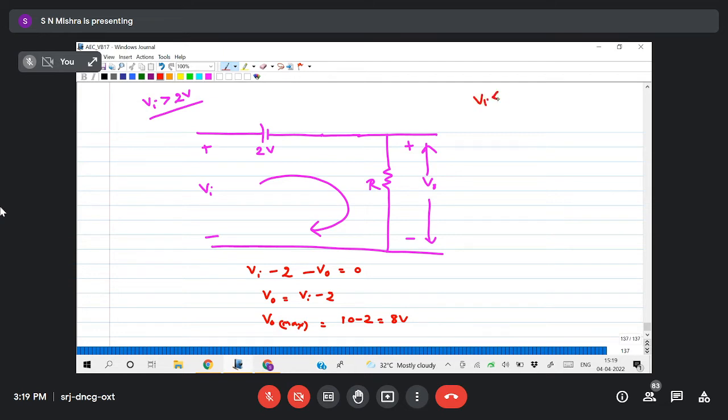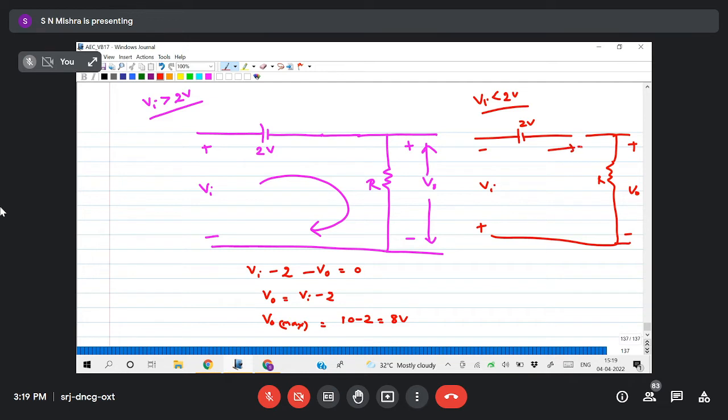When Vi is less than 2 volt, the voltage remains the same, 2 volt, the diode will be open circuit, then resistor, then here V0. So this is plus minus Vi, anyway current is 0.